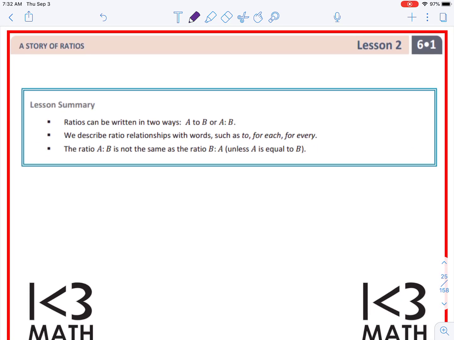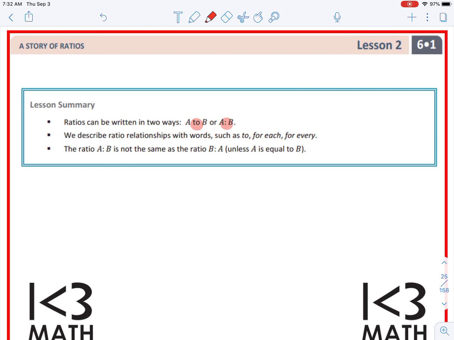All right, guys. Lesson summary: ratios can be written in both ways. We can use the word to, or we can use colons. We can describe ratio relationships with words such as to, for each, and for every. For every 3 boys, there are 2 girls. For each 3 boys, there are 2 girls.